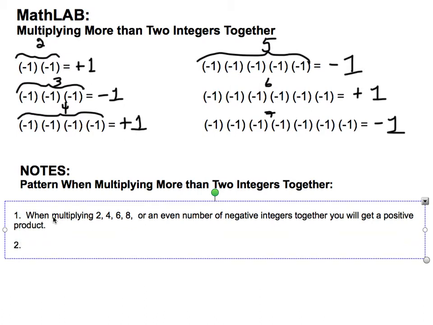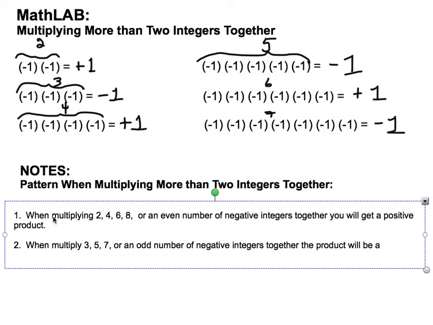Rule number 2: when you multiply 3, 5, 7, or an odd number of negative integers together, the product will be a negative number.